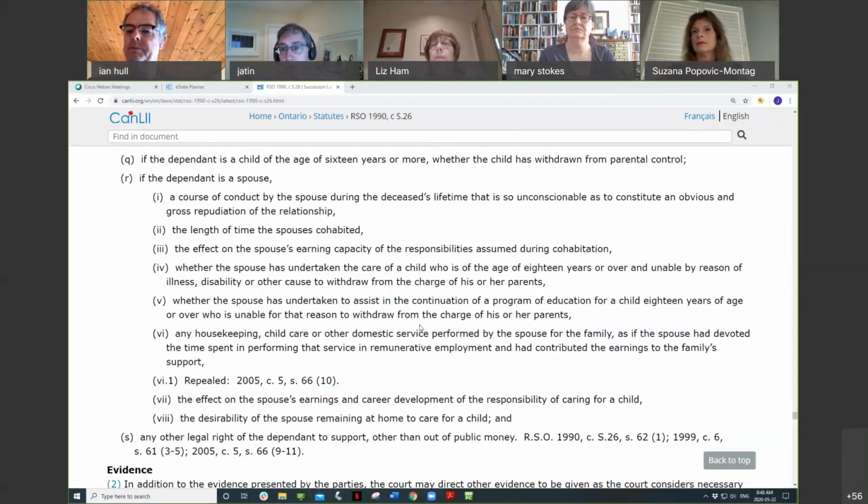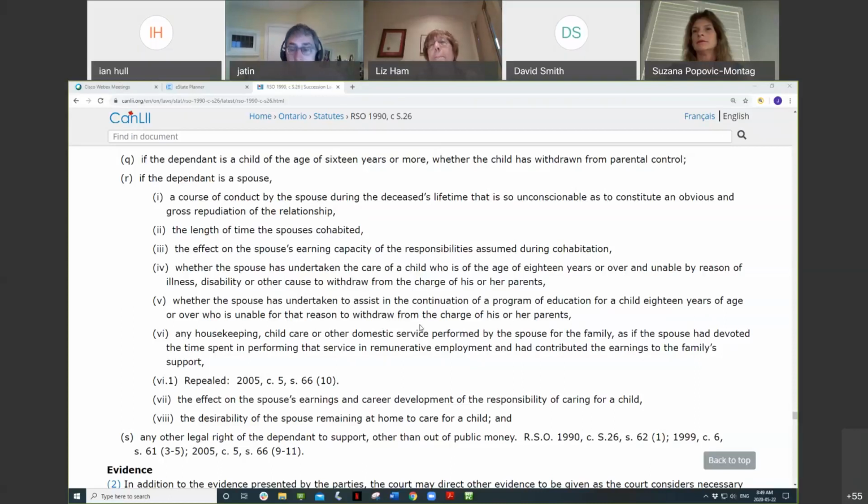Sure. The first thing I would say is, on a dependent support claim, I'm not sure an interim clause or a forfeiture clause or a no contest clause, they're all sort of the same, is going to work. That is, in my view, not going to oust the jurisdiction of the court to provide support for a dependent.